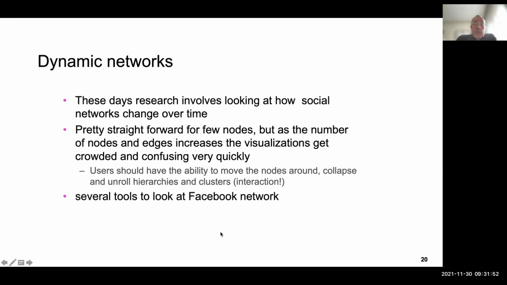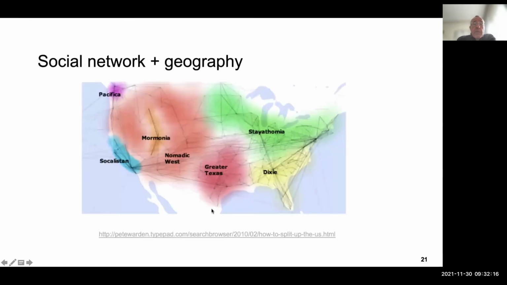And you should have a lot of interaction. You must be able to move the nodes around, collapse hierarchies and clusters in the interaction. And a lot of tools have been defined for looking at Facebook, of course.